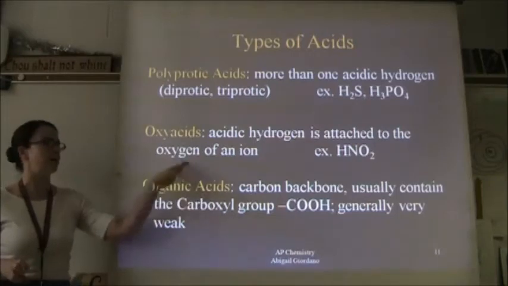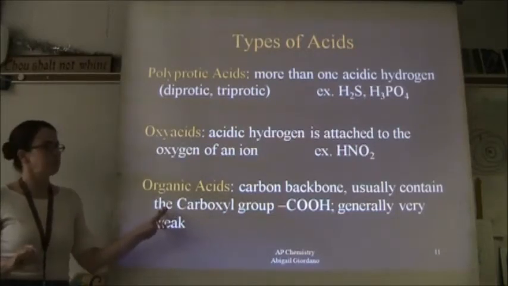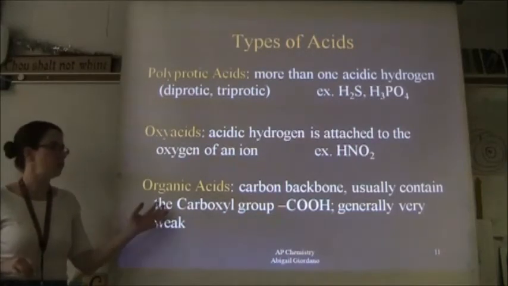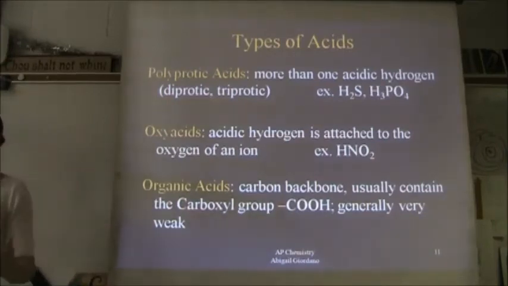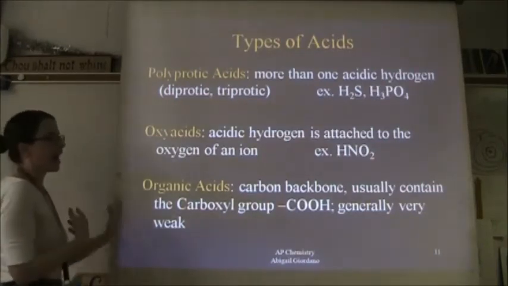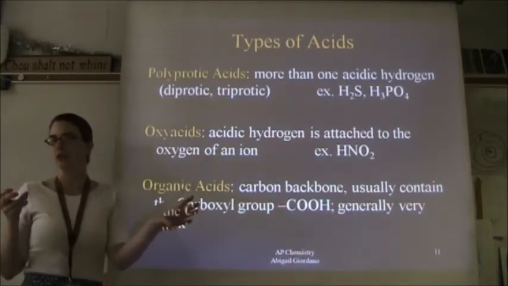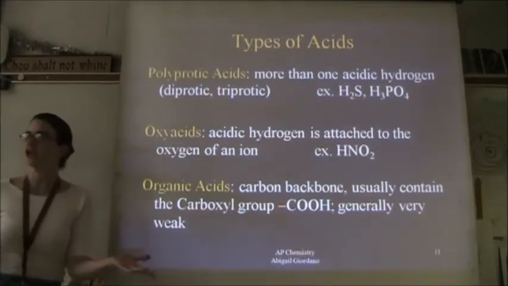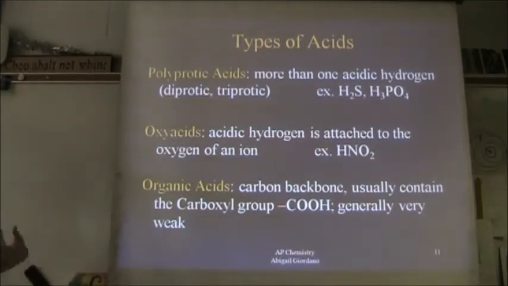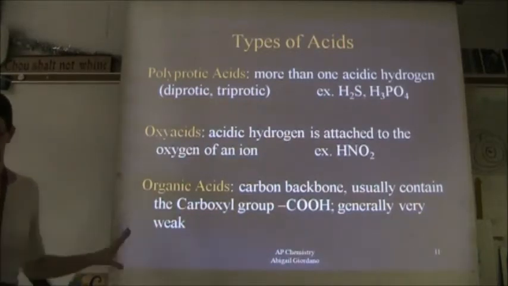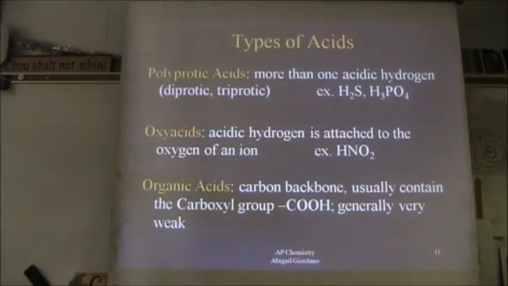We're not going to talk about these very much in these next 2 chapters. We will see these more when we get to organic. Okay? It just means an acid that has a carbon chain backbone to it. Still has a hydrogen to give away. Okay? Very weak acids, but we're not going to get into this much at all. Okay, until the end of the year.